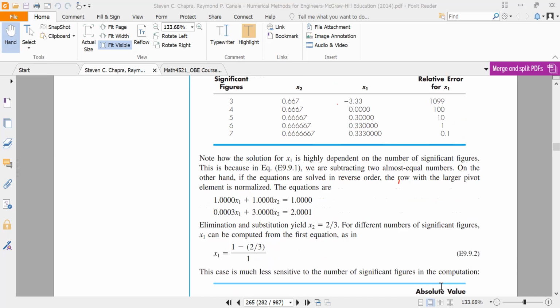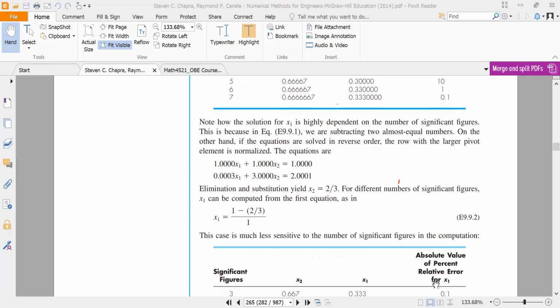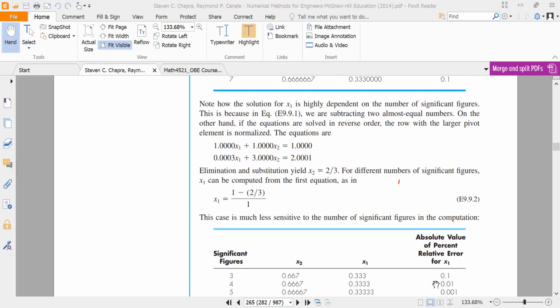By using the same technique, your solution is x2 equal to 2 by 3, and by using your x2 in equation 1, we obtain the solution equal to 1 minus 2 by 3 by 1. Let us examine how your significant figure will affect the result. You see that with significant figure 3, if it is 0.667, then your result x1 will be 0.333.